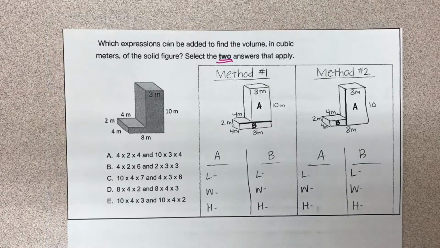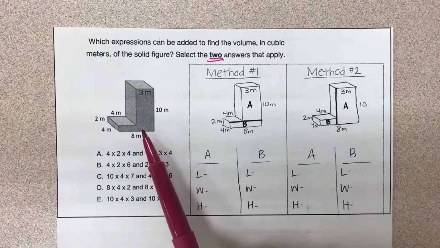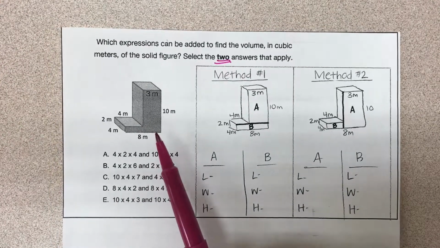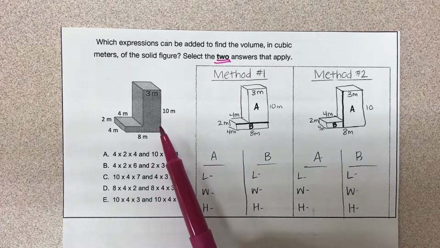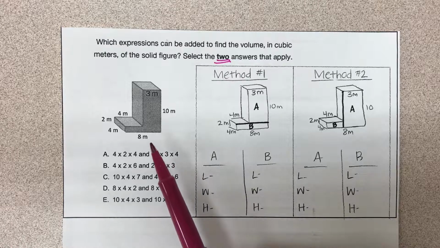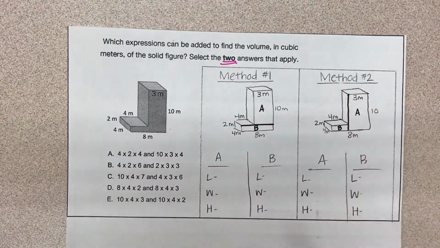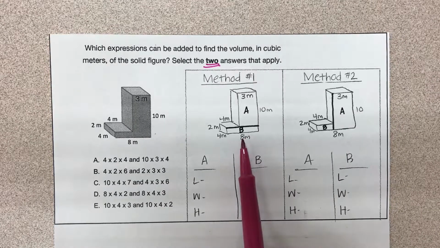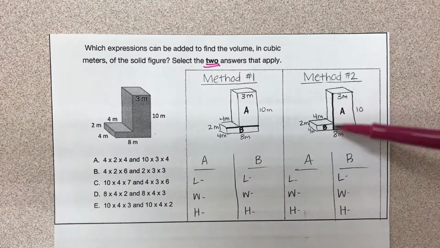All right, so the reason there's going to be 2 answers to this problem is because there are 2 ways that we can split up this L-shaped figure here. In order to find the volume of this figure, we're going to have to split it into 2 different figures, and you can either split it horizontally or you can split it vertically. And you can see here that the first method is splitting it horizontally, and the second method I've split it vertically.